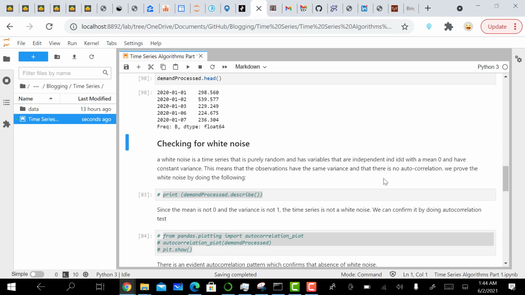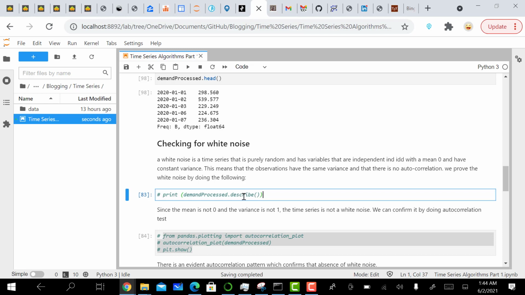If we have this kind of pattern, then we conclude that there's no autocorrelation and there's white noise. You cannot have autocorrelation and white noise at the same time. It's either or. So if you test for white noise and find it, most likely there's not going to be autocorrelation. If you don't find any white noise, most likely there is going to be autocorrelation.